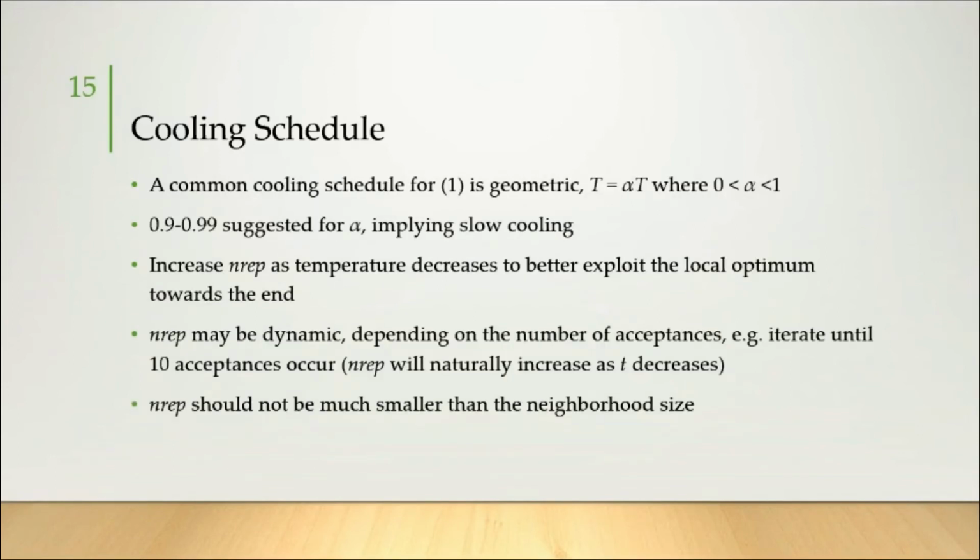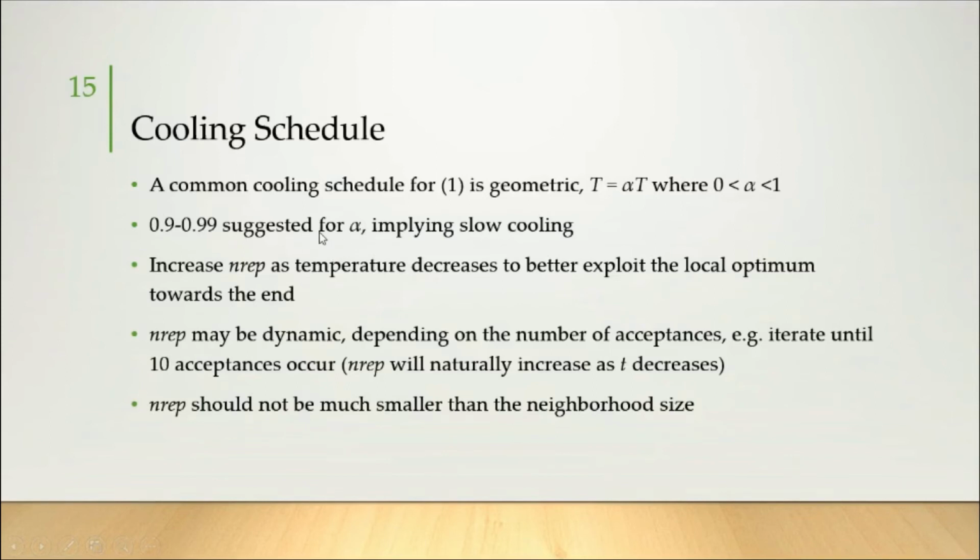A common cooling schedule is geometric. That is, T is taken as alpha T. The new temperature is taken as alpha times the current temperature, where alpha is between 0 and 1. In most cases, 0.9 to 0.99 is taken as alpha.